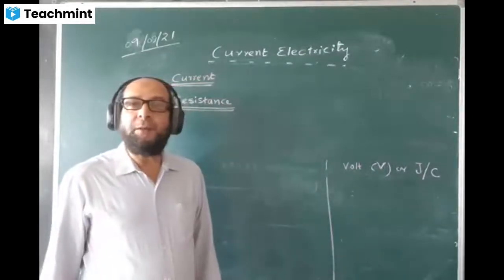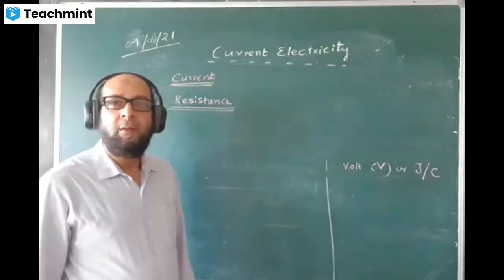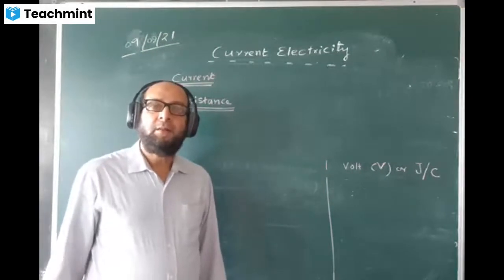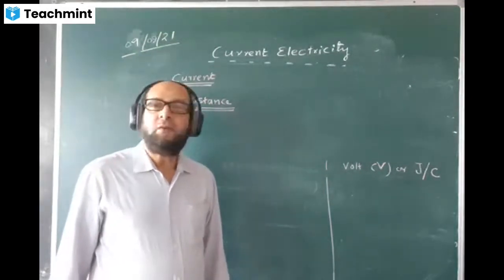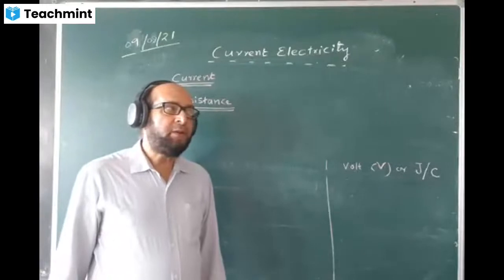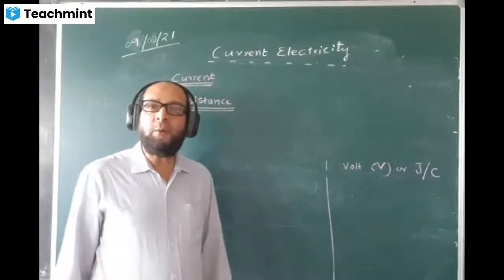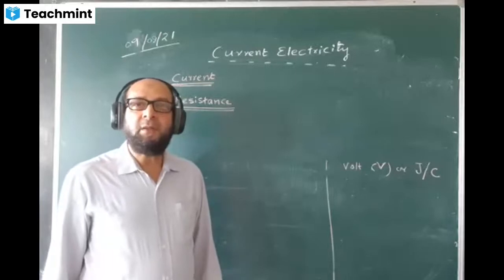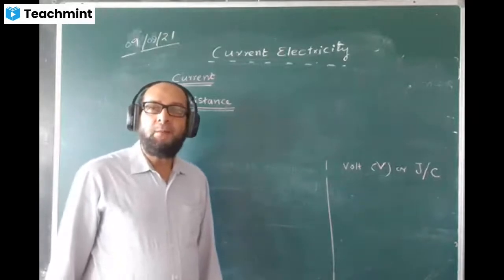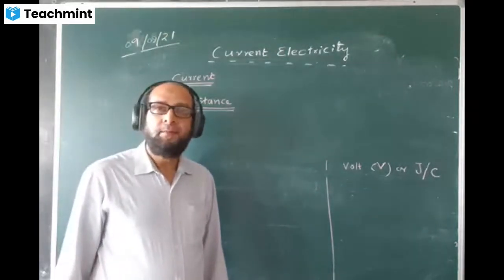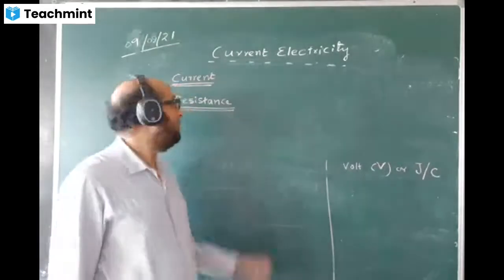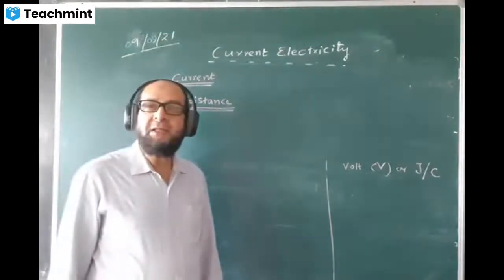Write down: the property of a conductor to obstruct (under bracket you can write oppose) the flow of current is called its resistance.